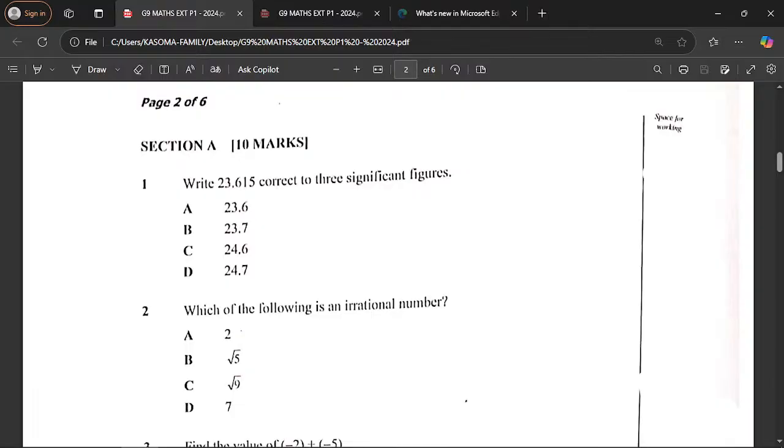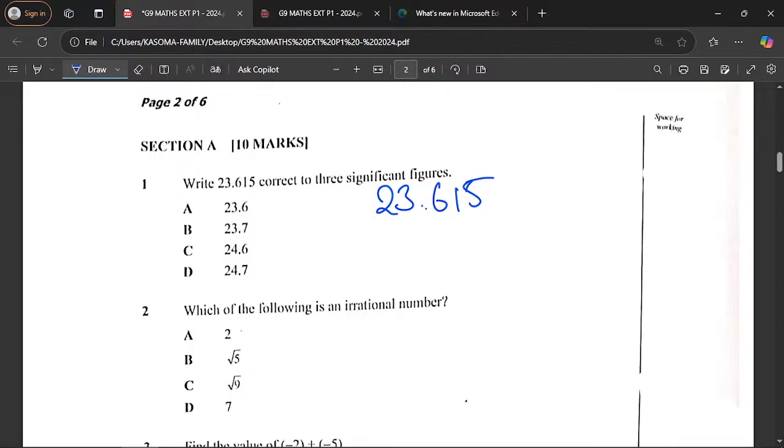So the answer for this one is, when they ask us to write the number to three significant figures, what we need to consider is, first, the numbers that are given. Let's start by writing these numbers. We say 23.615. Okay, so significant figures are non-zero numbers.